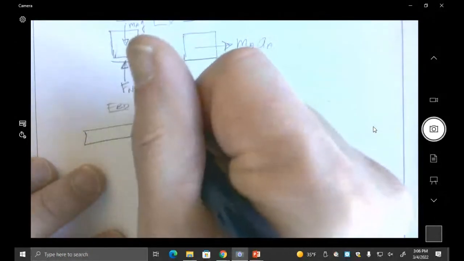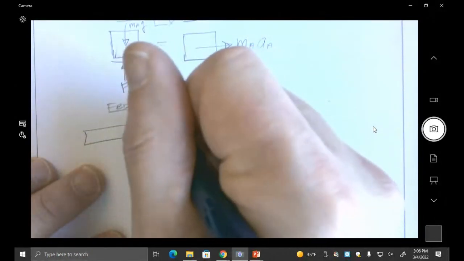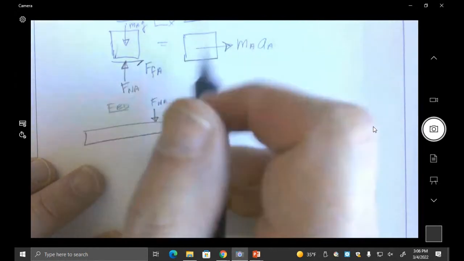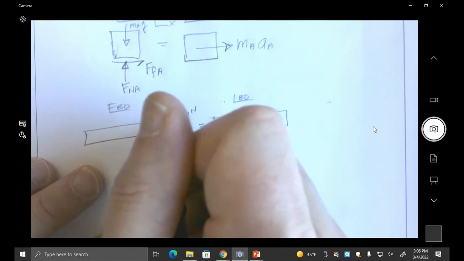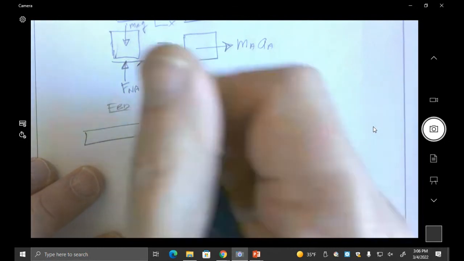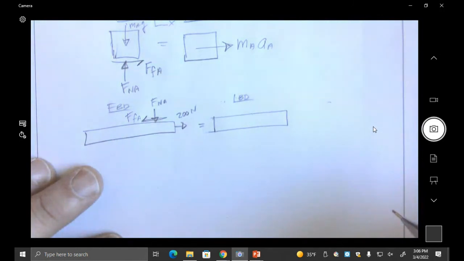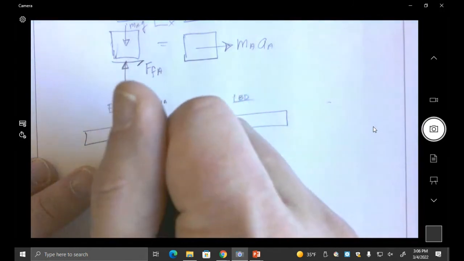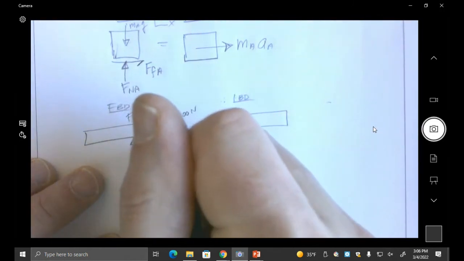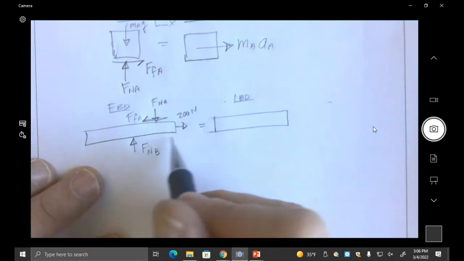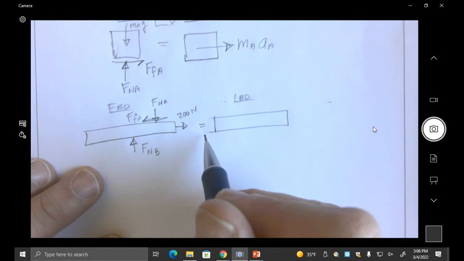We also have the force FNA, and you see, it's got to be equal and opposite. We're also going to have the force FFA right there, acting onto this. We're also going to have FNB, but fortunately there's no friction on here, so I think we're good.